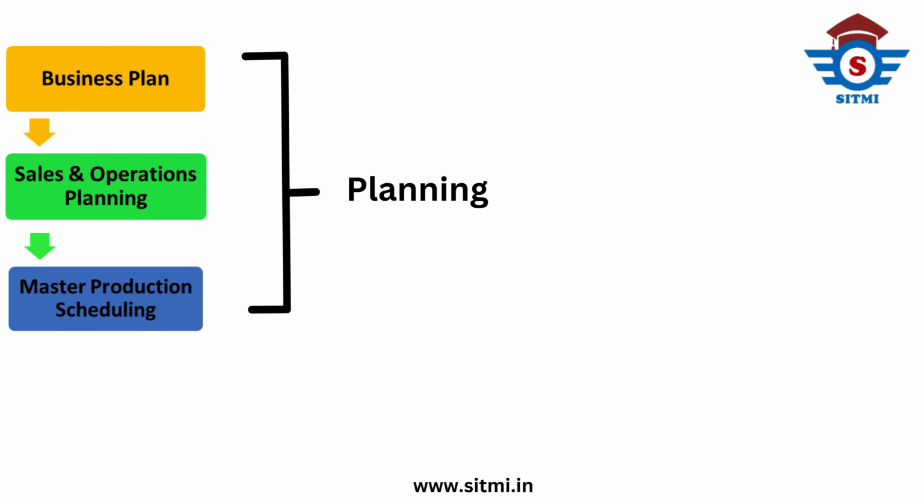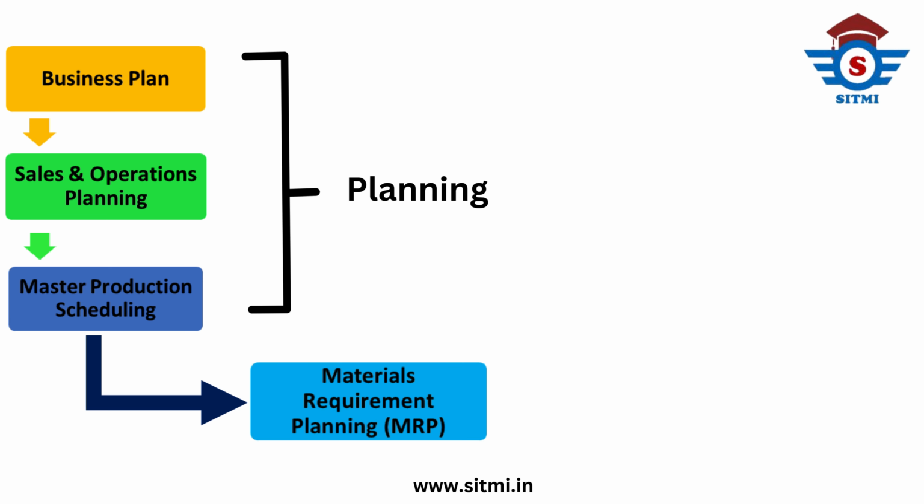Now again, once the master production schedule is done, the output of the master production schedule becomes one of the inputs for material requirements planning. And here actual execution of orders starts. So material requirement planning plans for order scheduling based on demand needs. Now what is that order scheduling?